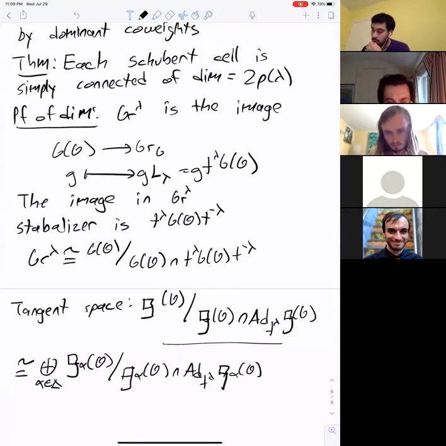And now we just want to think about how T lambda acts on a single root space. And we also kind of know what that does, right? It acts on the root space g_alpha by the weight, or by the root alpha itself. So T lambda is a co-root, and alpha is a root. And basically the action on that root space is just the composition of those two.